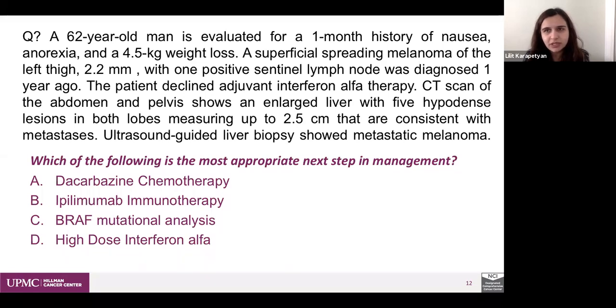How do you choose what site to biopsy? It will ask you, the patient has a lung lesion, liver lesion. Remember to biopsy the one that you think is a metastasis. For example, it will tell you about a patient with a 50-pack-year smoking history with multiple lung nodules, liver nodules. You think, this is probably lung cancer that traveled to the liver.